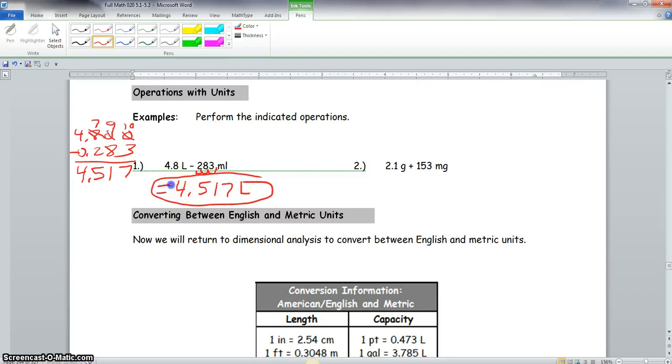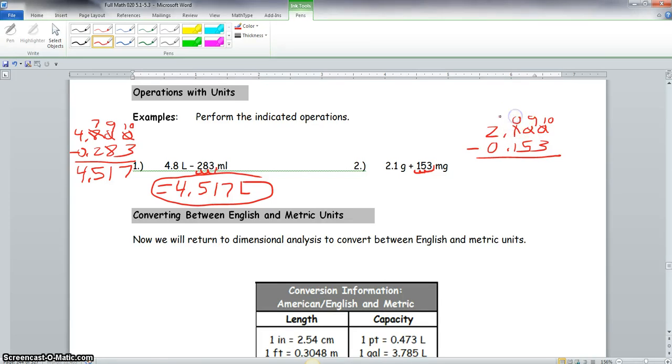Now, we go over here, we could do the same thing here. We could change this milligrams to grams. So we'll put our decimal here, and you know we have to move it 3 places to the left. So we will have 2.1 minus 0.153. And we'll add 2 zeros here. And this will be 10, 9.